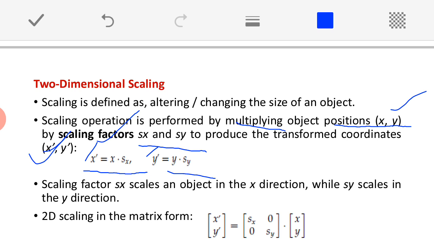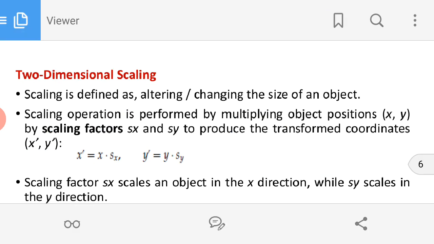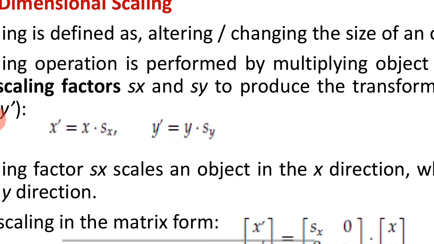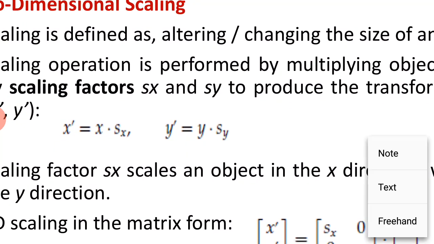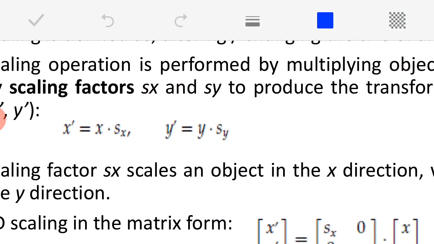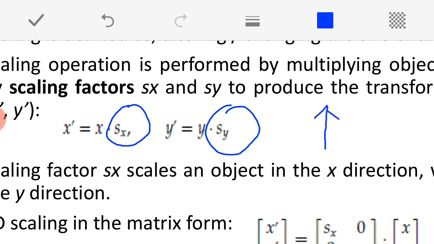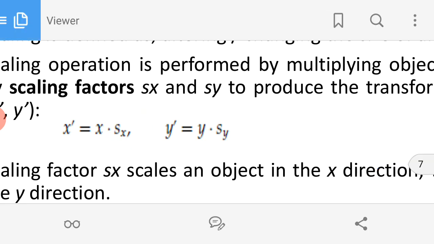The scaling factor sx is going to alter the position in the x direction, the x-axis direction, and sy in terms of what? The y direction. So, if this is the y direction, it will change, and this is the x direction. That is also very important.